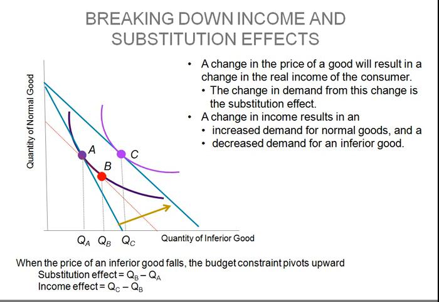The price of the other product is not going to change, so we have the same point here. We are moving from B to C when we have a change in price.